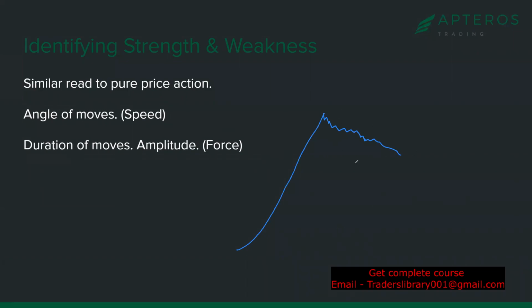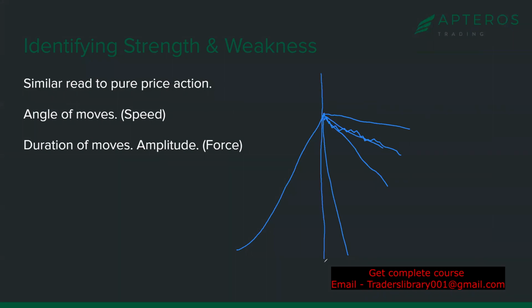And why is it weak? Well, it's literally the angle. This is really weak. This would be even weaker. This would be really strong. This we might call normal for the current volatility, right? So it's all about the angle.